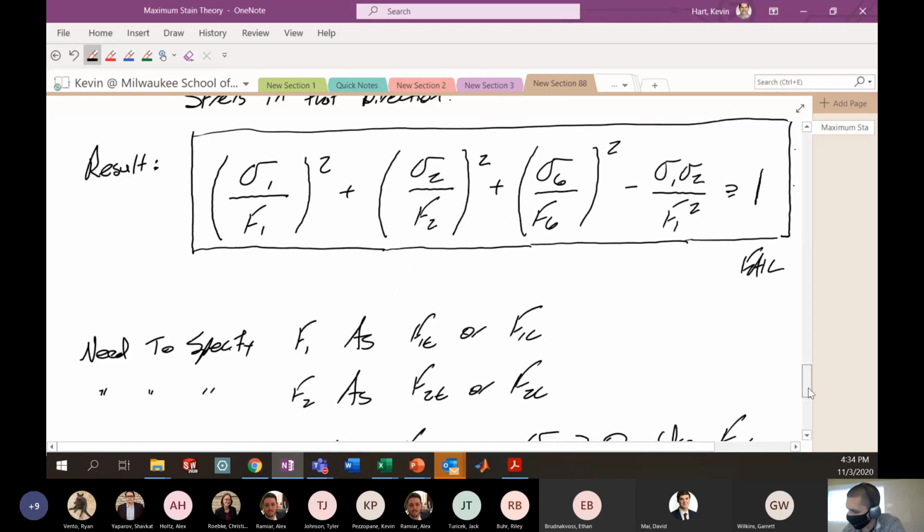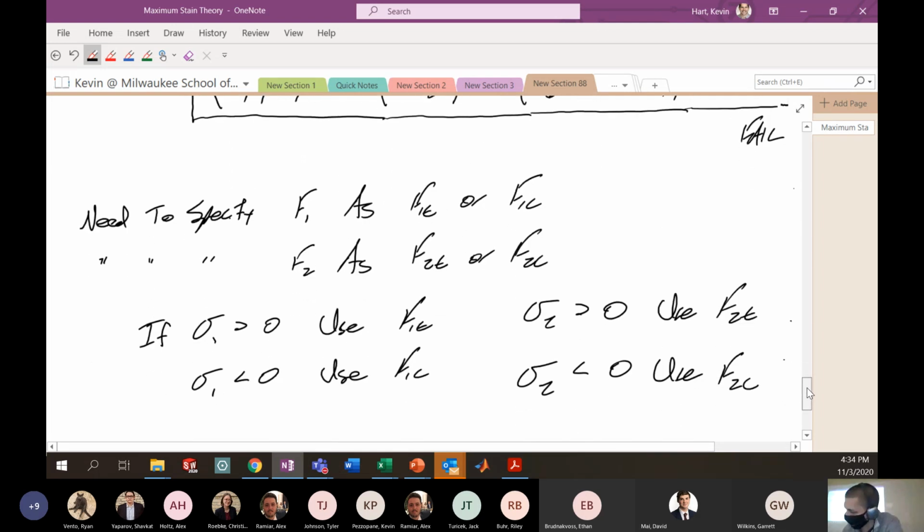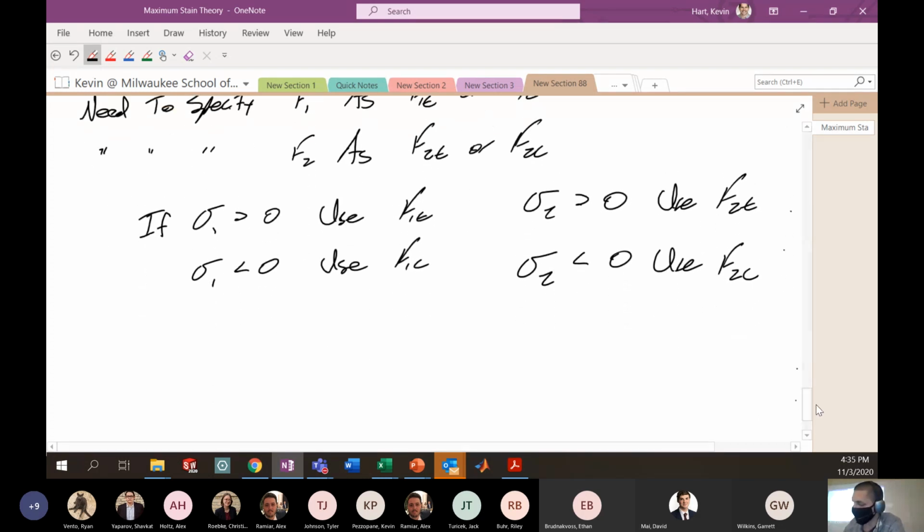This is a very strange sort of thing to actually compute. And we know that as you move from one quadrant to the next, if you're plotting in the sigma 1, sigma 2 space, you're going to have changing values of those denominators. So I'll just put up the failure envelope here.